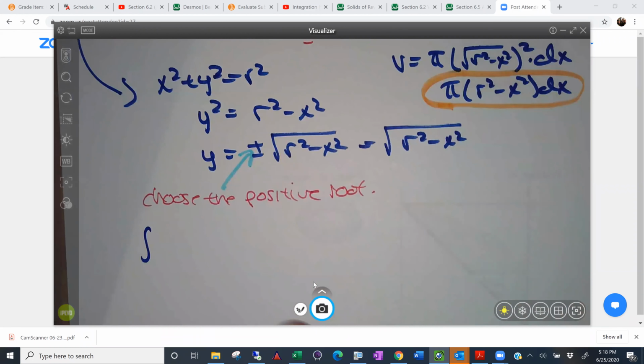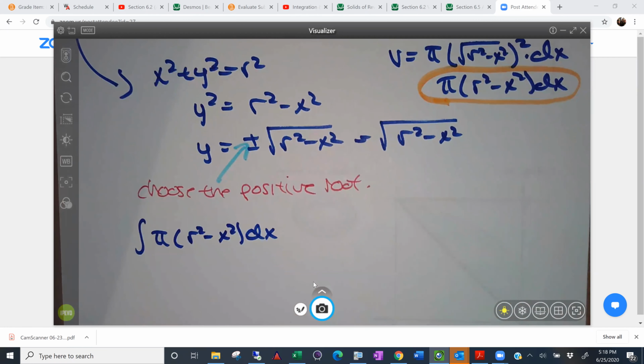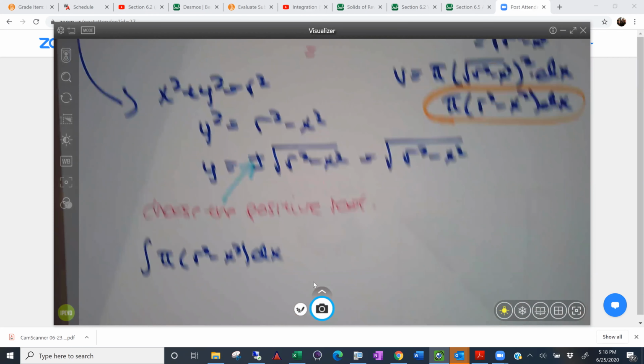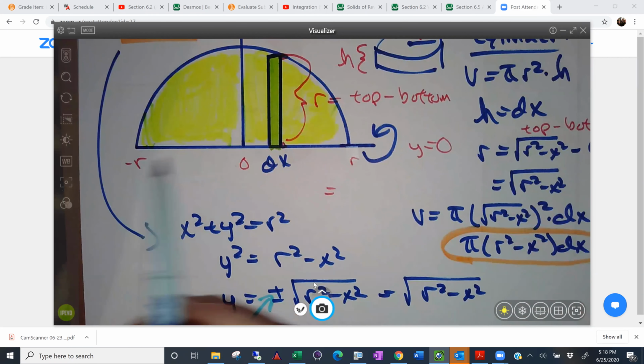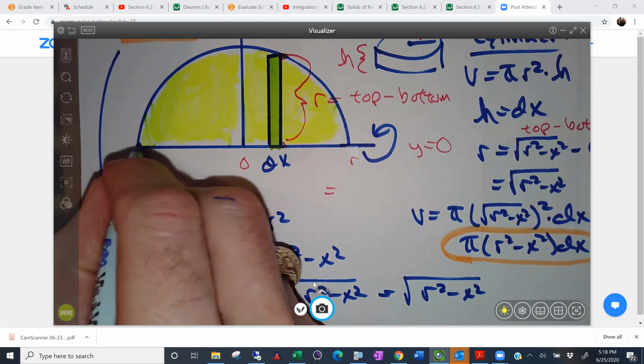I'm going to integrate pi times r squared minus x squared dx. But what are my limits going to be? Well, the farthest to the left I can take my slice would be over here.